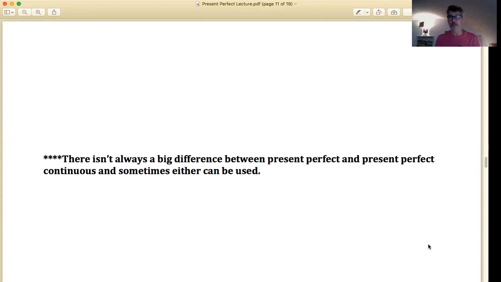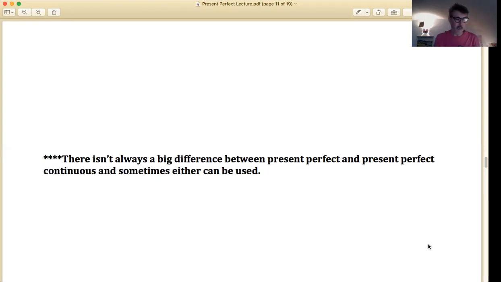Are there differences in meaning when I say that? If I tell you I've lived in Litoměřice for 5 years, it's clear I live here now, I started 5 years ago, and I still live here. And am I communicating anything different if I say I've been living there for 5 years? Not necessarily, depending on context.